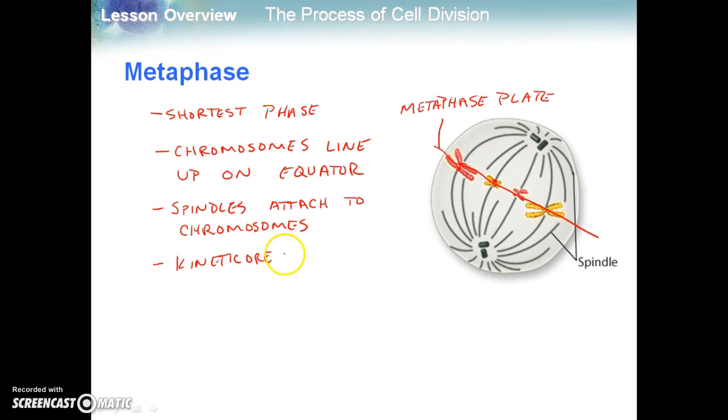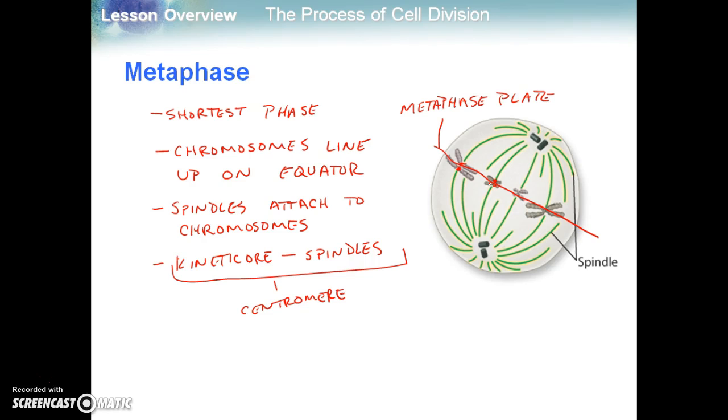Kinetochores will attach to the spindle fibers, and this is all right at that centromere point. So we've got this metaphase plate forming, and this is going to be an extremely short phase because as soon as we get all of our chromosomes lined up, they're going to start to split apart.